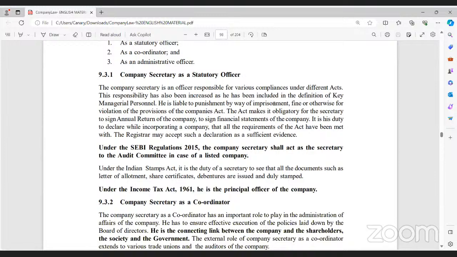He is the one who has to see that anything the company is taking action on or implementing is as per the rules and regulations within the provisions of the Companies Act only. The company is not violating any Companies Act rules. All that care is to be taken by this company secretary. That is the reason he is responsible for various compliances under different acts.